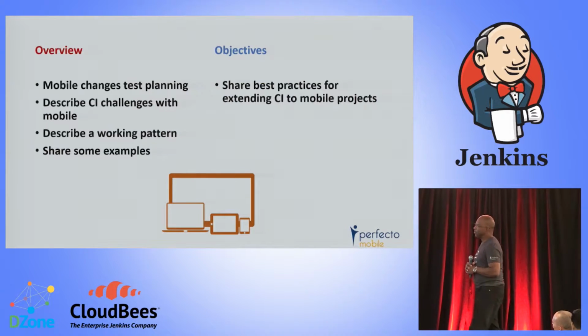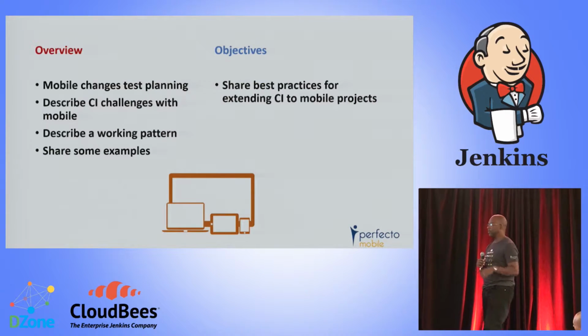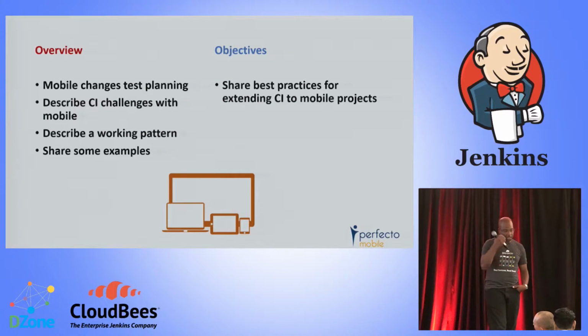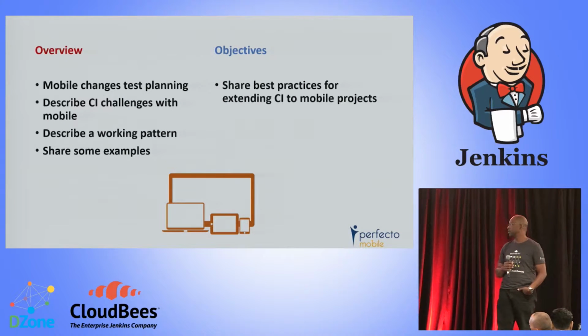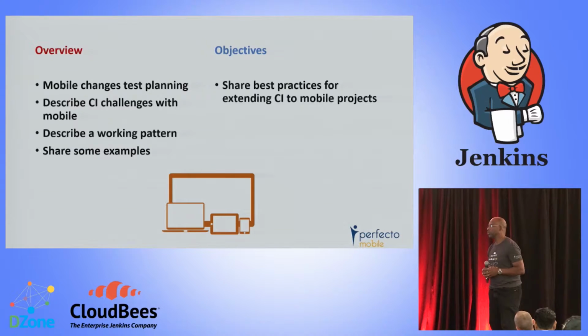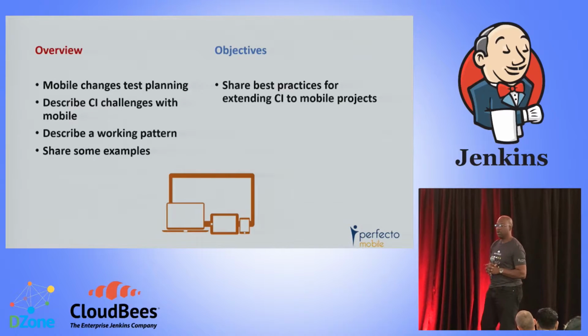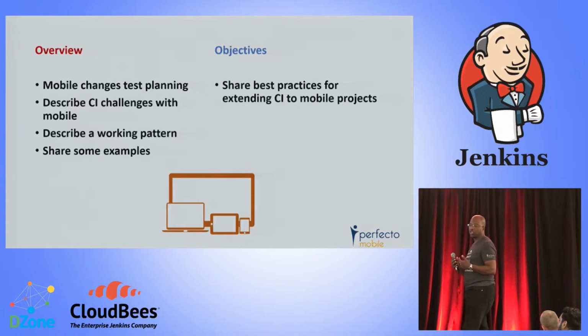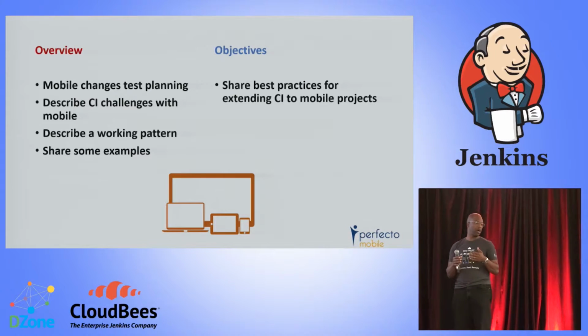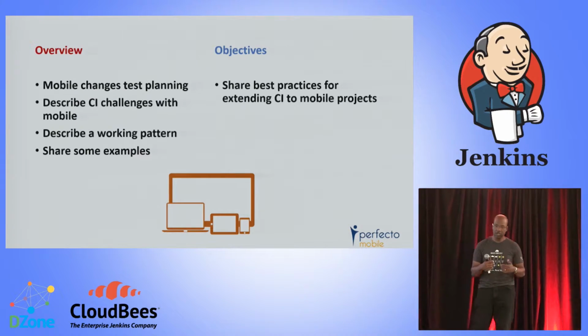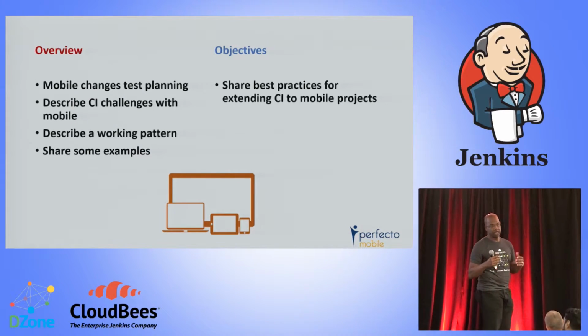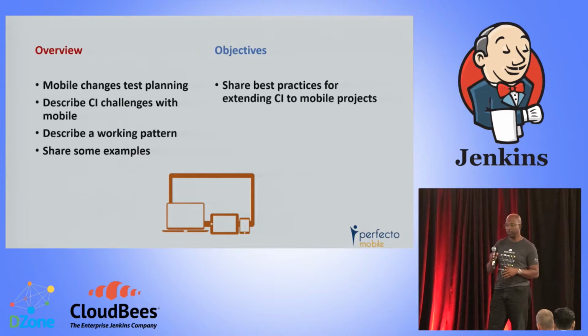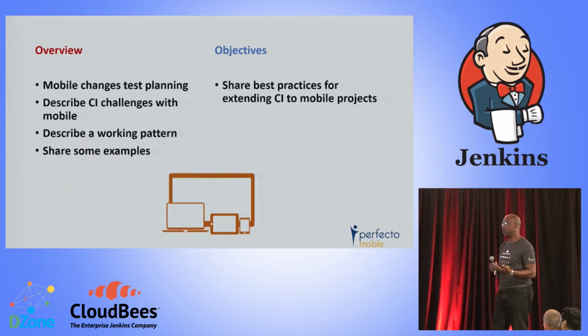All right. So we're going to talk about some of the changes with mobile from a planning perspective. I gave you a quick tease with regard to the challenges. What we're all about is trying to share with you, and I always, when I present, look to learn. So I'll be looking to get some feedback from you in terms of what patterns are actually working for you.